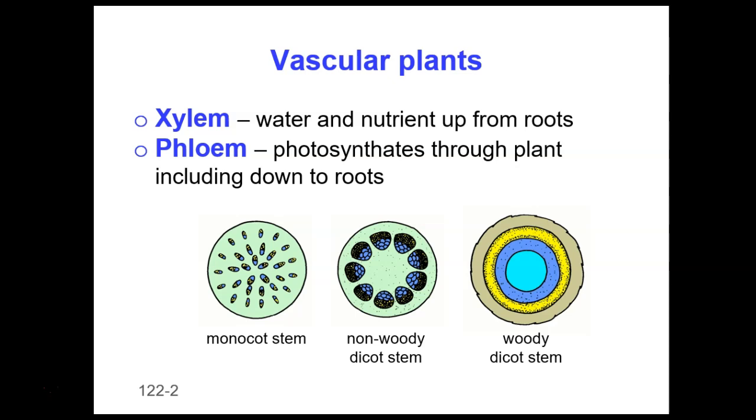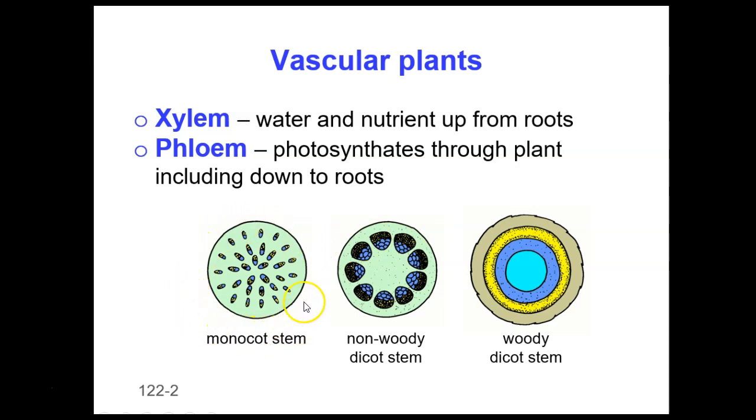From where photosynthesis takes place in the leaves, where there are stomata, and sometimes in the stems, there is chlorophyll as well. And those sugar materials move down through the plant body. There are several organizations for vascular plants.